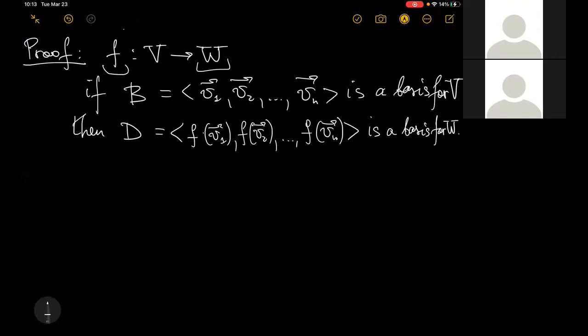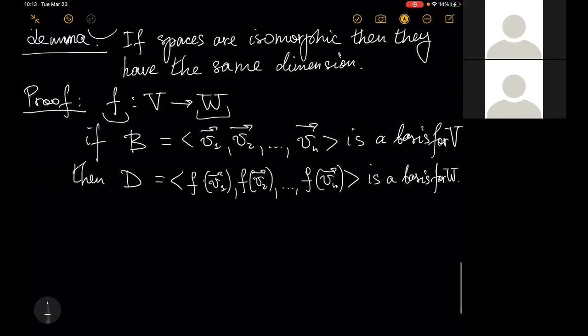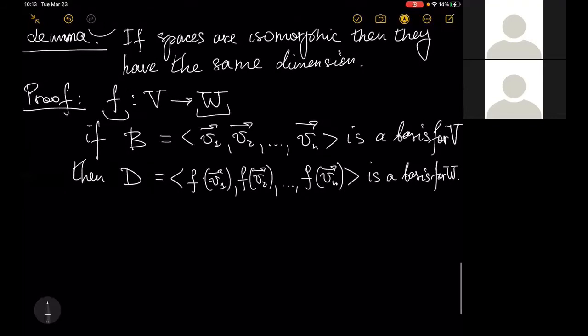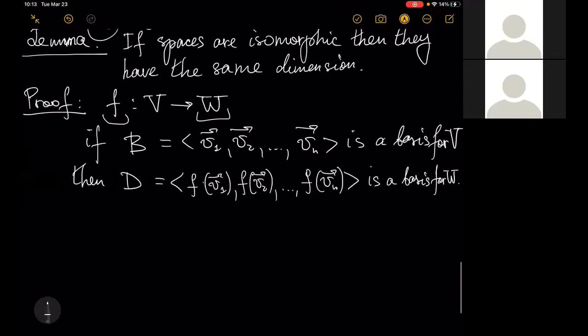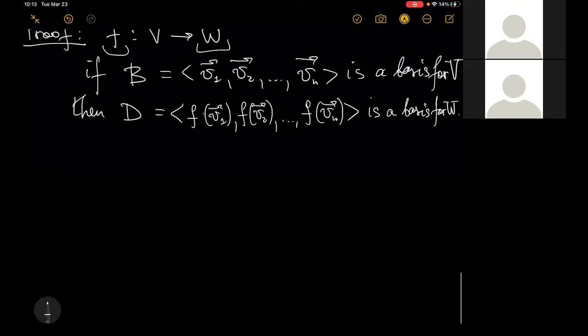So essentially, I'm getting that dimension is the same. For isomorphic spaces, dimension is the same. In other words, number of vectors in the basis.